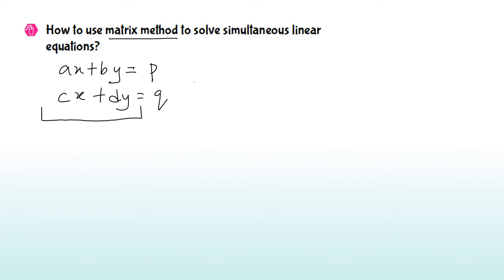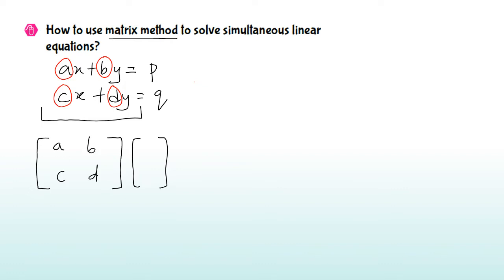It is actually two matrices being multiplied. The first one, you just take out the coefficients a, b, c, d, and then you multiply it with your x, y, and it is equal to another matrix, p, q.